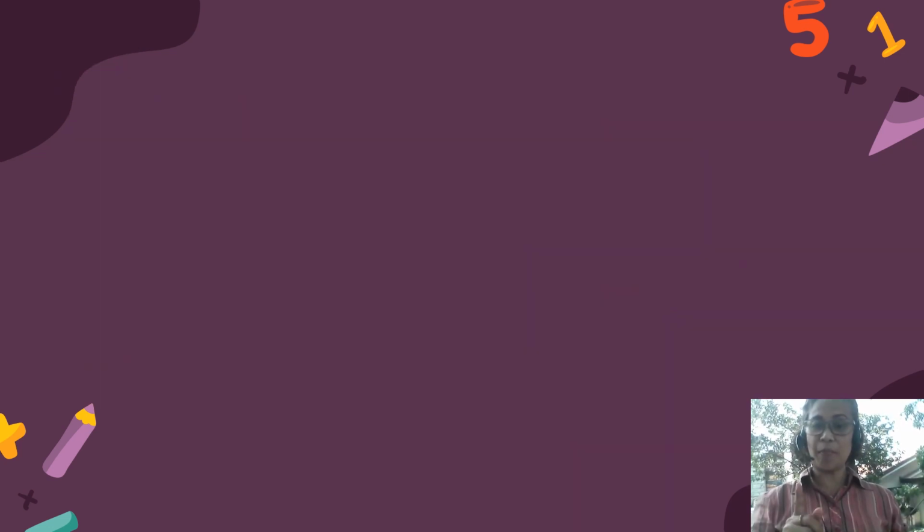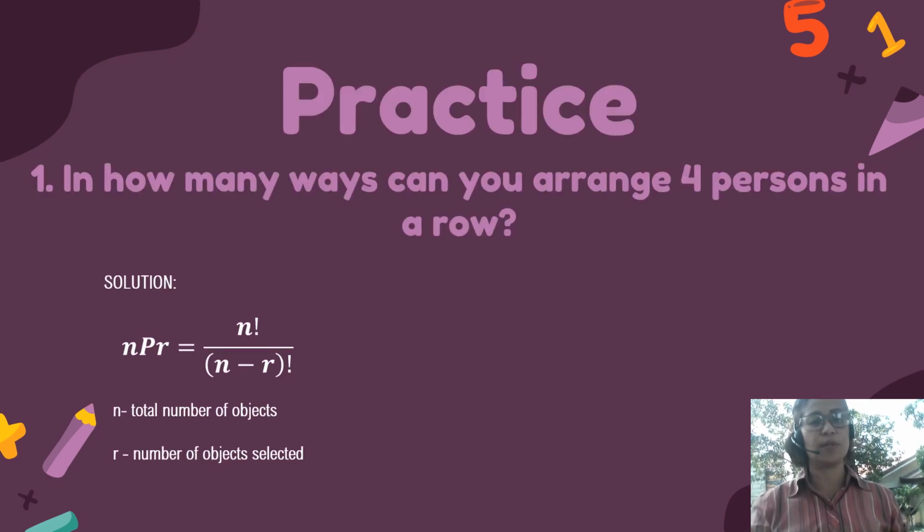Now, to wrap it up, it is your turn to answer these exercises. I have prepared 2 questions, and I'm going to pause the video for a while for you to come up with your own answer. Number 1, in how many ways can you arrange 4 persons in a row? So, this is your guide. The solution, nPr is equal to n factorial divided by the quantity n minus r factorial.